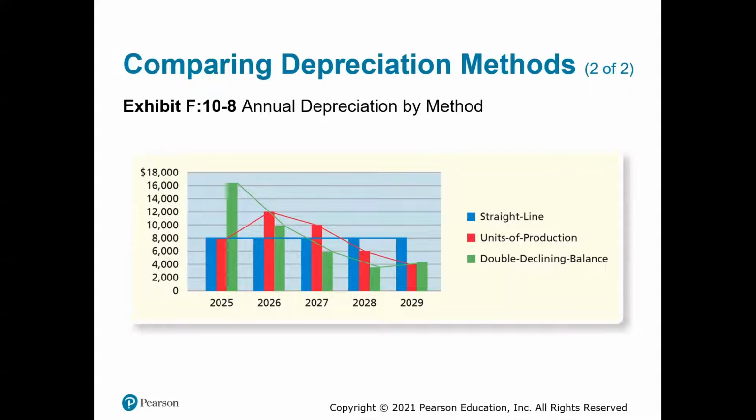Here on this slide, Exhibit 10.8, it shows the 3 methods in 1 graph for additional comparison. Notice that the straight line method produces a straight line on the graph. Why? Because there is an equal amount of depreciation expense each year.